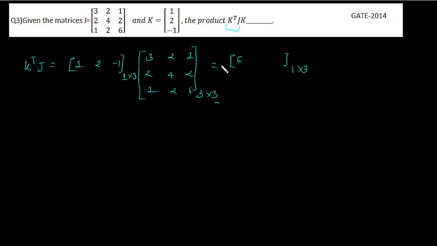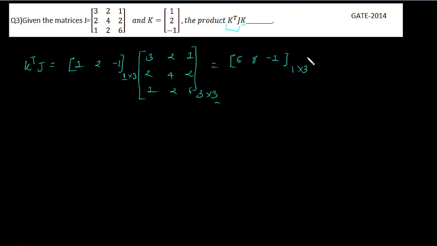Now in the second element we get 2 plus 8 minus 2, which is 8. In the third element we get 2 plus 4, which is 5, and minus 6, minus 1. So we have found this term K transpose multiplied with J.